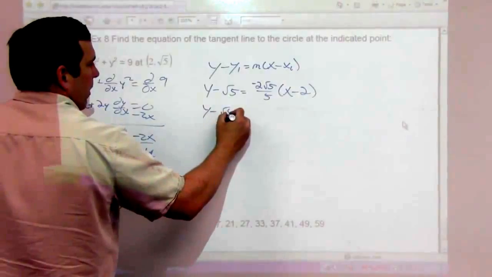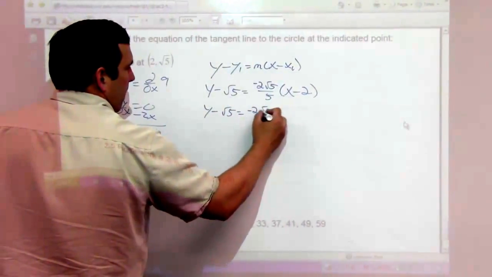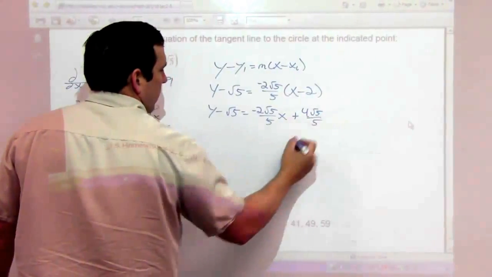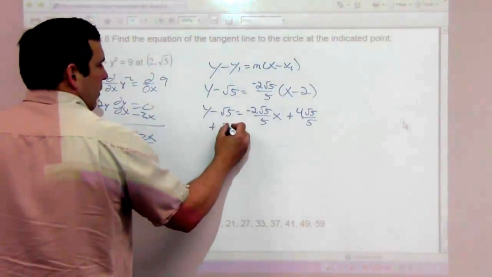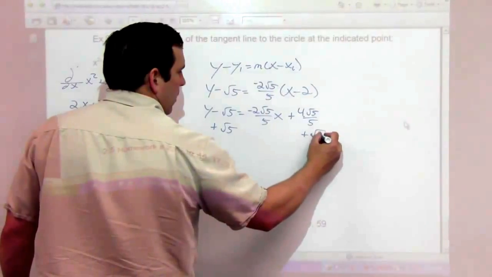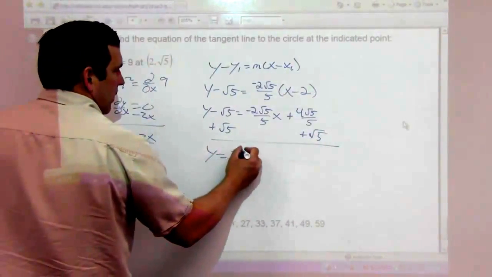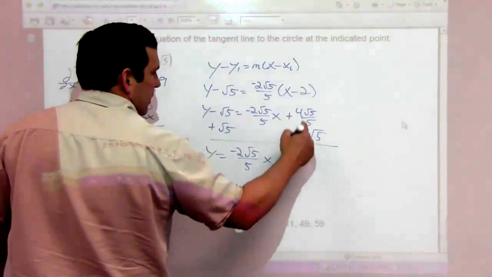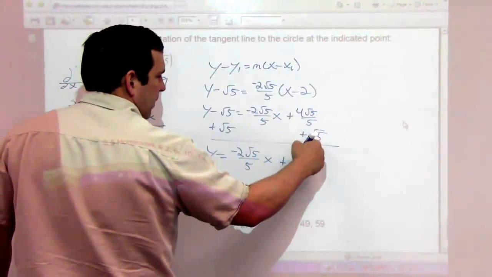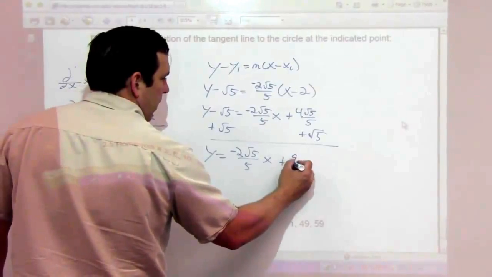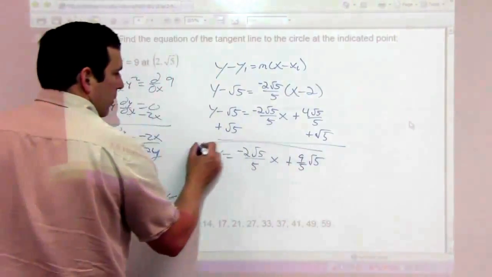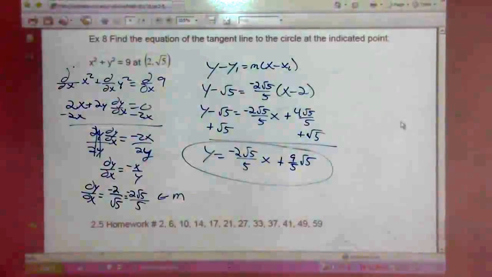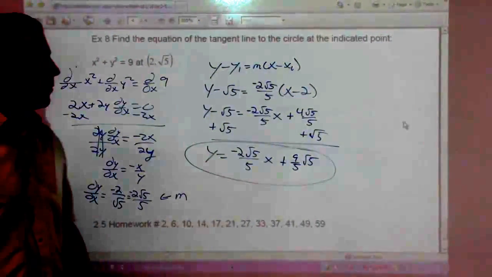So y minus square root of 5 is going to be negative 2 root 5 over 5 x plus 4 root 5 over 5. And if I add the square root of 5 to both sides, y equals negative 2 root 5 over 5 times x plus, this is 4/5, this is 5/5 of this. That becomes 9/5 square root of 5. And that's the end of that problem.